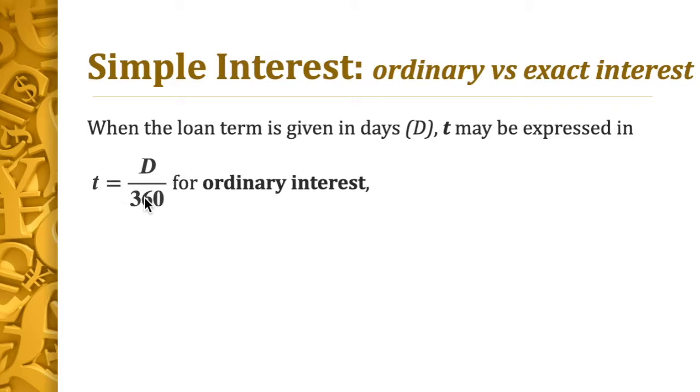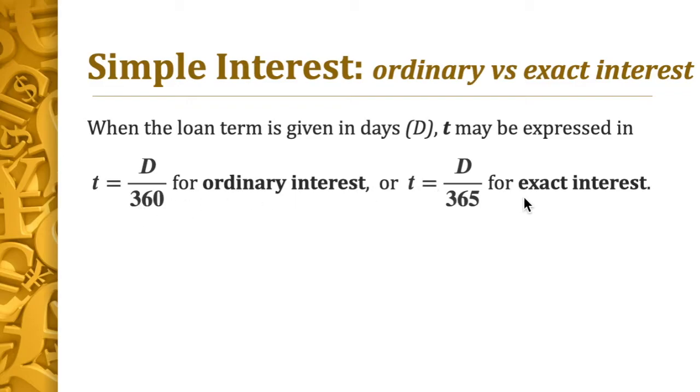If we have a denominator of 360, we call that ordinary interest. If our T is given by the number of days divided by 365, we call this exact interest. Why do we use ordinary interest? Because we are assuming that there are ordinarily 30 days a month, so 30 times 12 is 360.